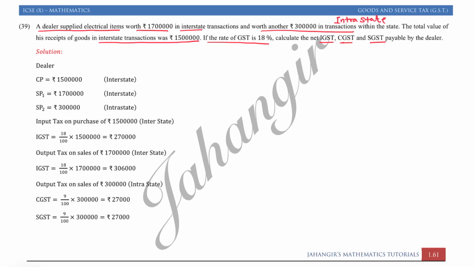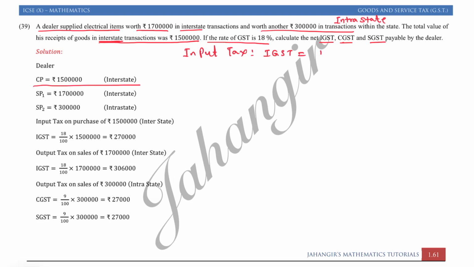So first let us find input tax. In input tax we will find IGST, because input is interstate. See here written, buying is interstate, cost price.